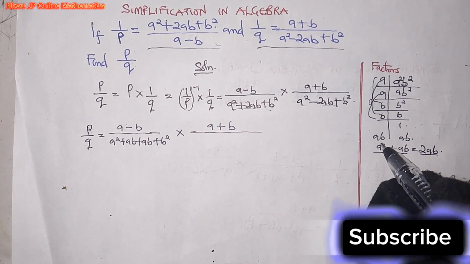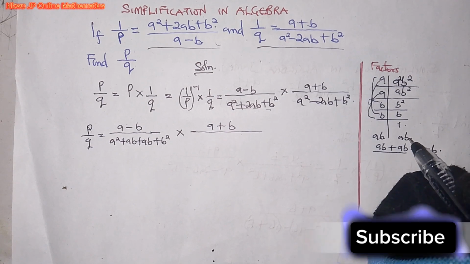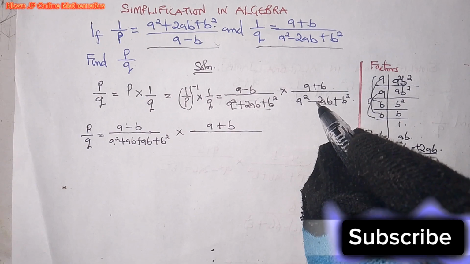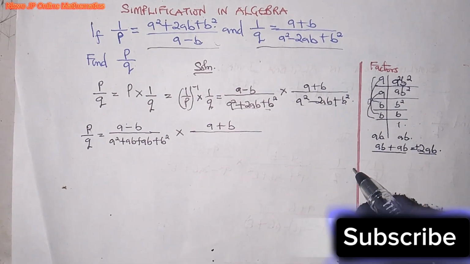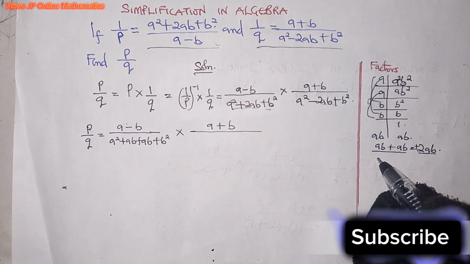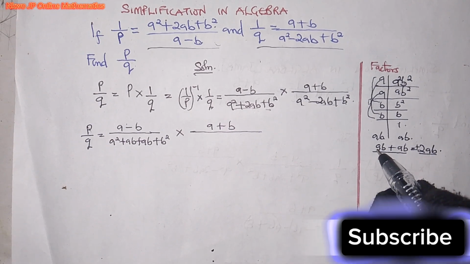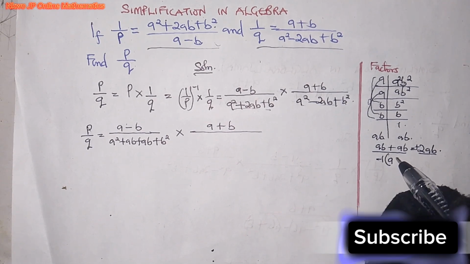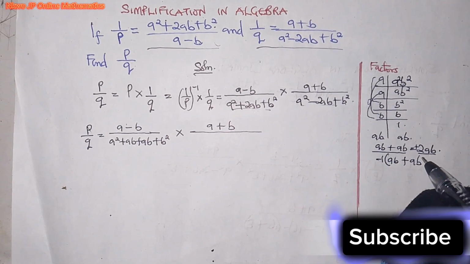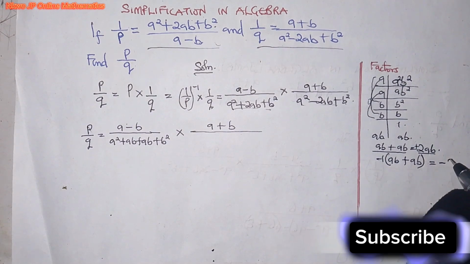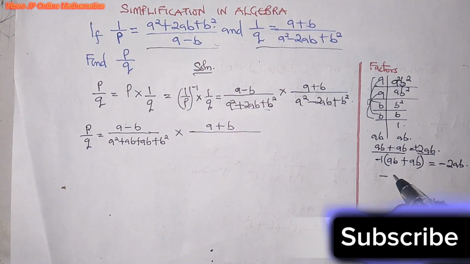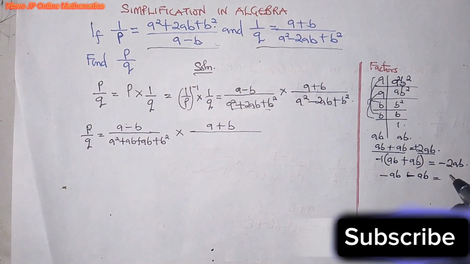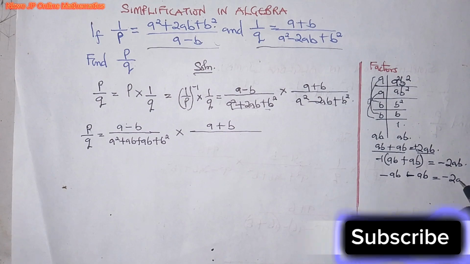So if we pair them up, we are still having ab and ab, but now we don't want the sign to be positive. We want to obtain the one which is minus 2ab, so we have to multiply it by a negative 1, and if we multiply each by negative 1, that is minus 1 multiplying ab plus ab will become negative 2ab, and that is minus ab minus ab, which will be the same thing as minus 2ab.